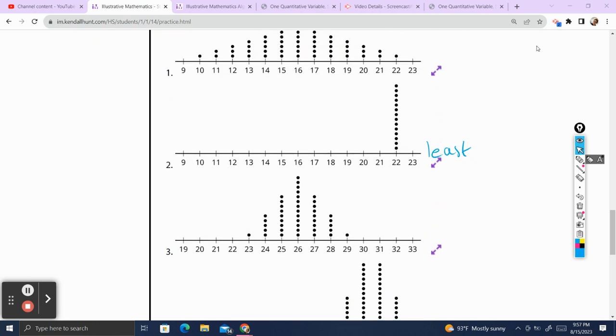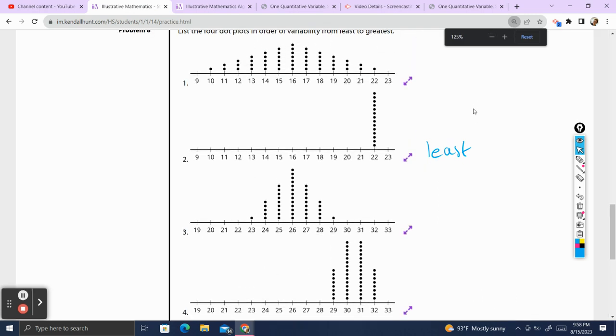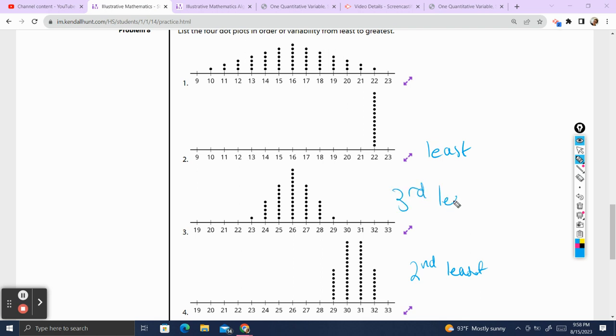The next variability for our dot plots, and let's make this so we can see them all on one screen, is going to be the tightest graph. And when I say tight, I mean the data is kind of centered all in one area. So this guy is going to be second least. The next tightest one between these two options is going to be this one because it takes up the smallest amount of space. And then this one is going to be the most variable.